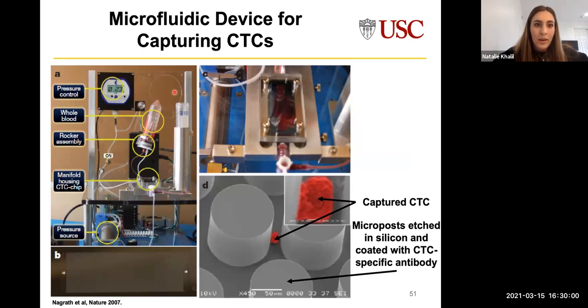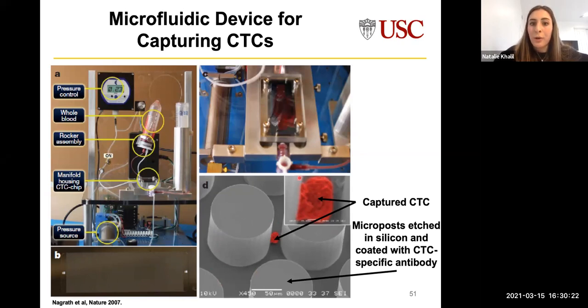So here there's a centrifuge tube filled with whole blood, or that liquid biopsy that we talked about. And then blood enters through tubing into this microfluidic device. This microfluidic device contains microposts that are coated with an antibody that binds to circulating tumor cells.